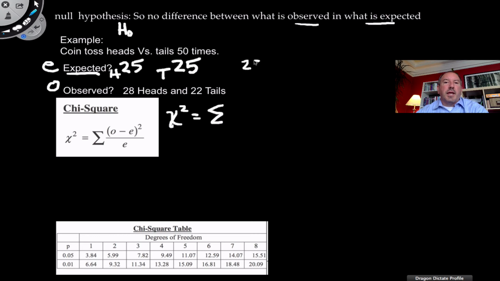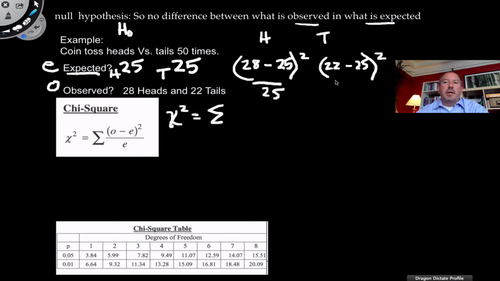So that's 28 minus what we expect, which is 25, and then we'll square that, and then divide by expected, which is 25. So that's for the heads, and then tails is 22 minus 25, and then we square that over 25. Okay, and then since it's a summation, we add these two together.